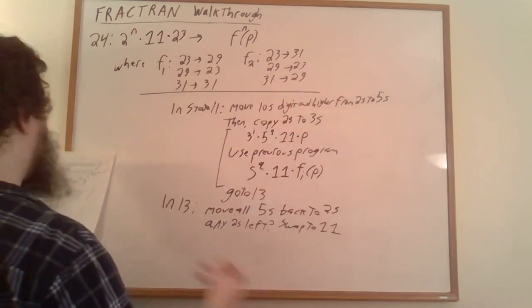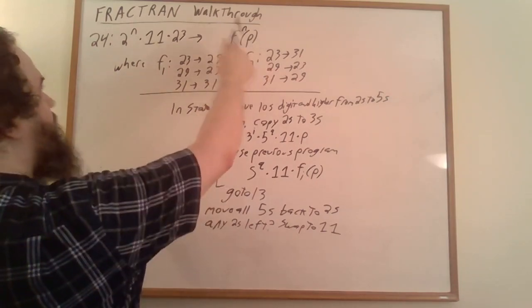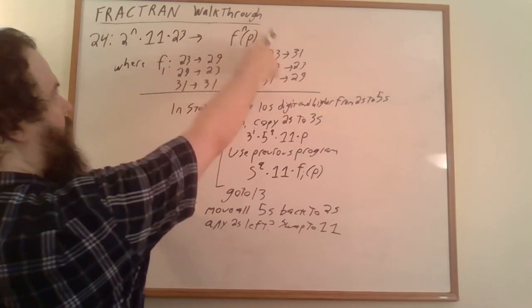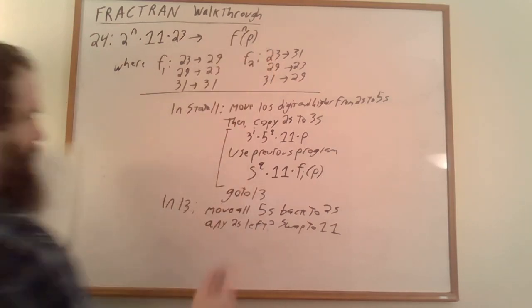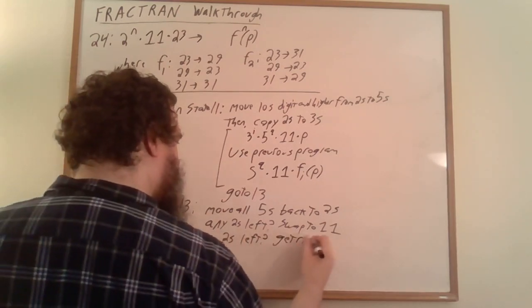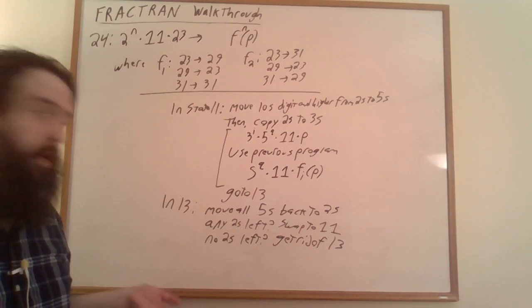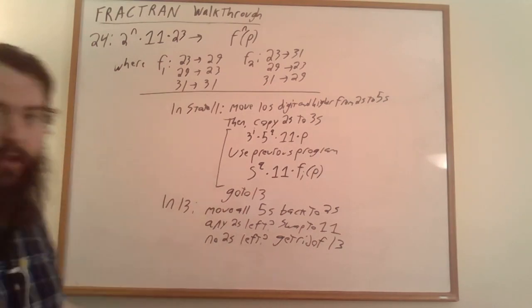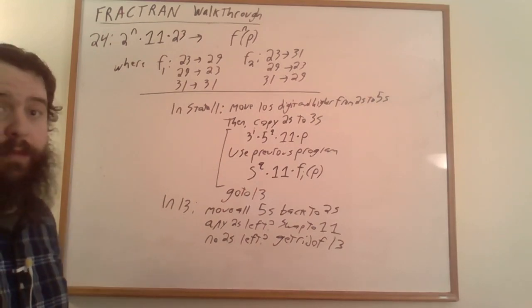And if not, then we're done. For some reason this level requires you to get rid of the 13 in the end, so let's get rid of the 13. And then since we won't be in any state, we won't have any control primes active, the program will just halt, because all of these will require some control prime to be present.